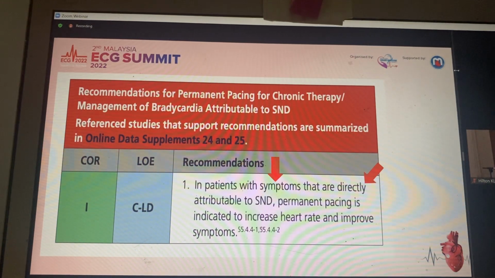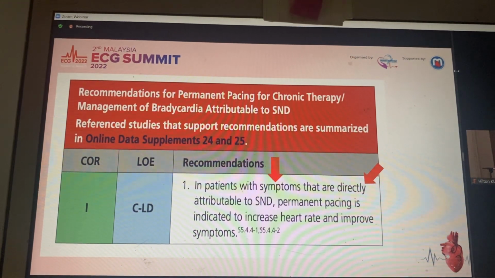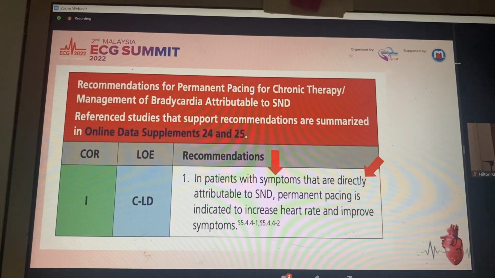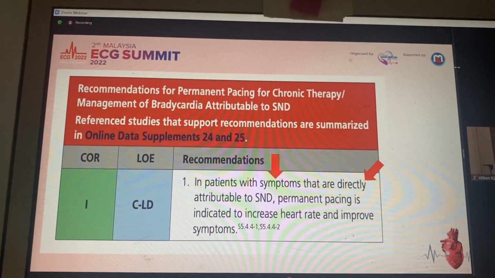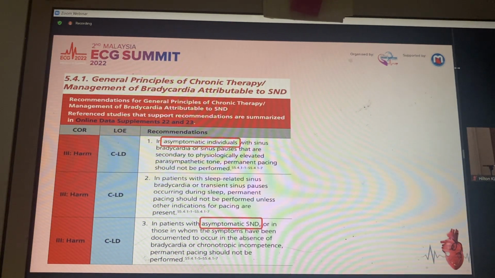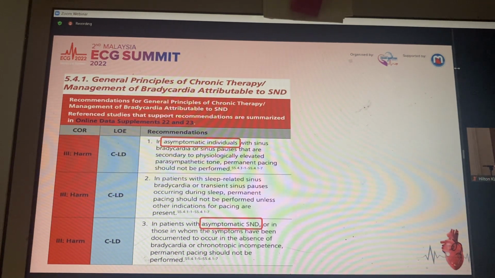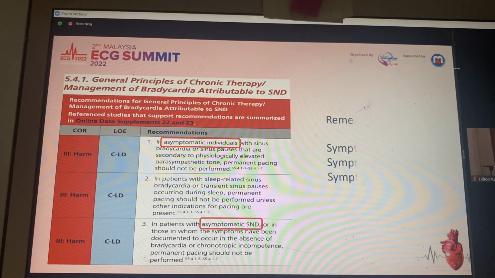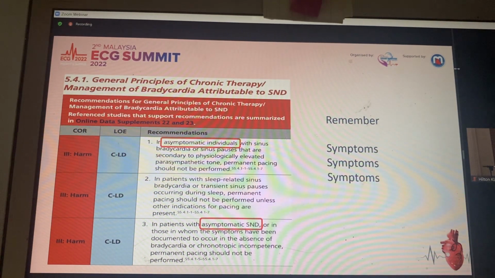So you need to have a correlation between the symptom as well as the sinus node dysfunction ECG, such as sinus pause or any sinus bradycardia. And in the asymptomatic patient, it is harmful to implant the permanent pacemaker. So it's a class 3 recommendation in an asymptomatic individual with sinus node dysfunction. So you must remember that symptom is very important in a patient with sinus node dysfunction.